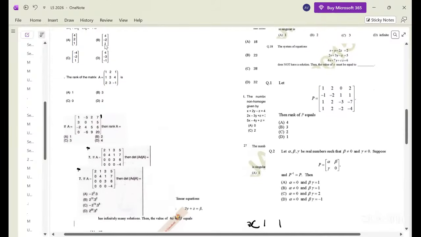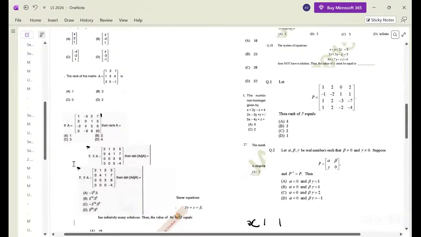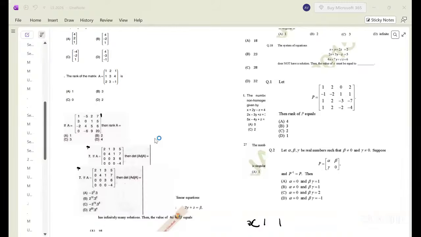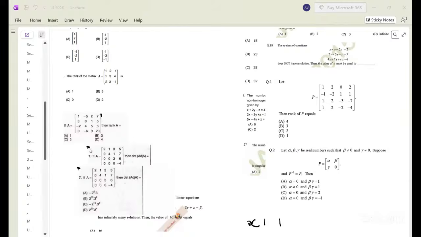This is the question. Anyway, we have to answer this also. This is the question, the 7th one. Determinant of adjoint A. It got copied there. Options also I want.